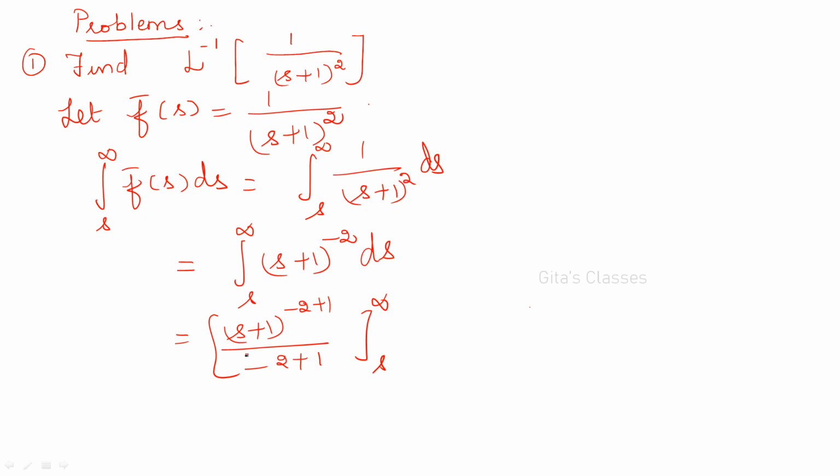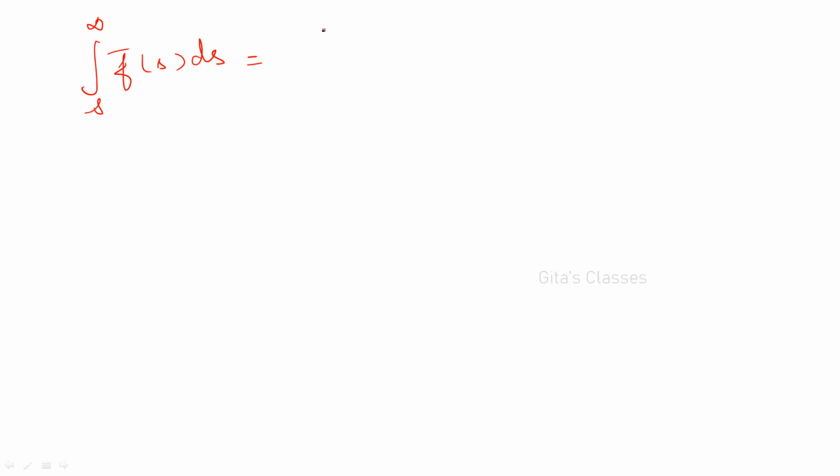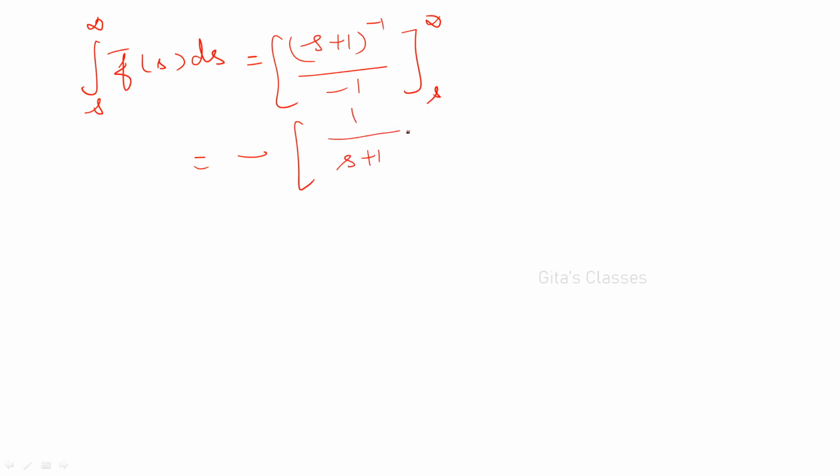That is, integral s to infinity f bar of s ds is equal to s plus 1 the whole power minus 1 divided by minus 1 from s to infinity. That I am going to write as minus 1 by s plus 1, right, from s to infinity.